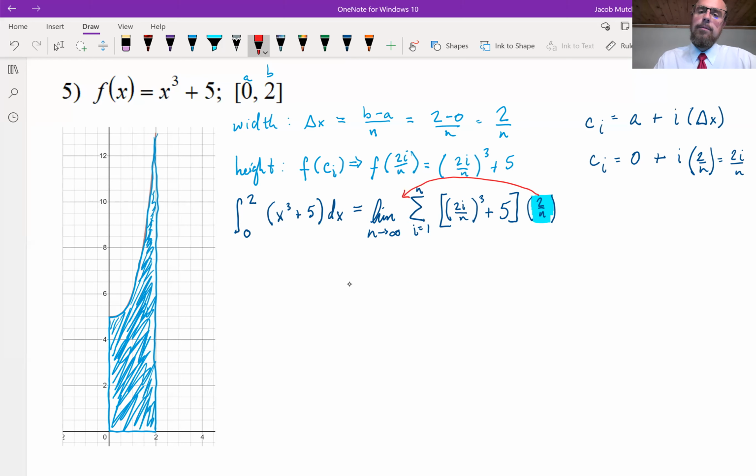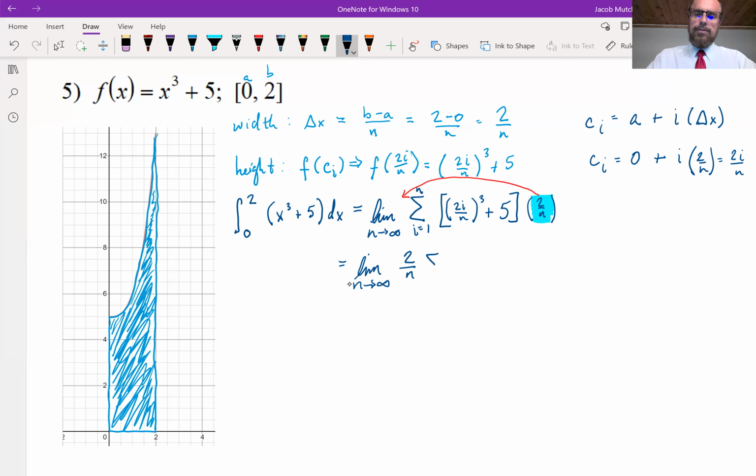Again, it can pass out because it doesn't involve an i, but it does involve an n. So that is really under the governance of the limit still. So our next step is going to be the limit as n goes to infinity of 2 over n. So that's where our delta x has passed outside the summation.